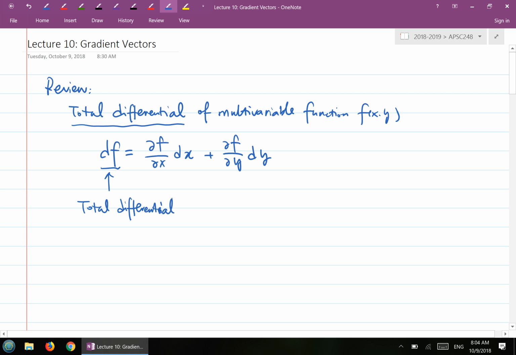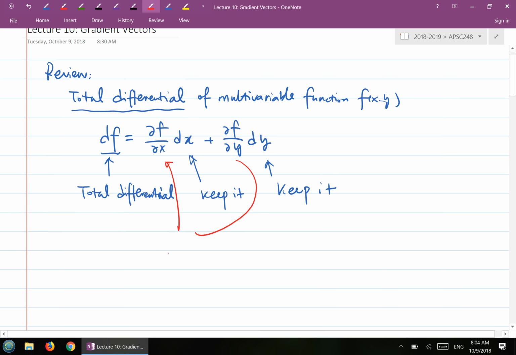Because it involves 2 variables, x and y, and involves calculating 2 partial derivatives. The dx and dy are the symbols you keep as part of the formula, and these 2 partial derivatives you need to calculate. So that's the total differential formula.